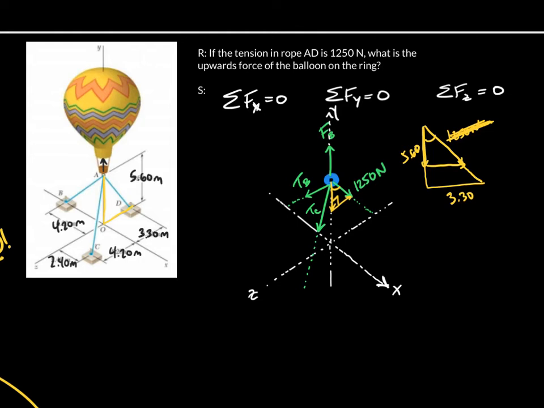So if I look at this, I've got the opposite of that angle, and I've got the adjacent of that angle. So we need the opposite over adjacent. We need the tangent. So the tangent of that angle, which I'll just call theta d, equals the opposite, which is 3.3 meters, over the adjacent, which is 5.60 meters.